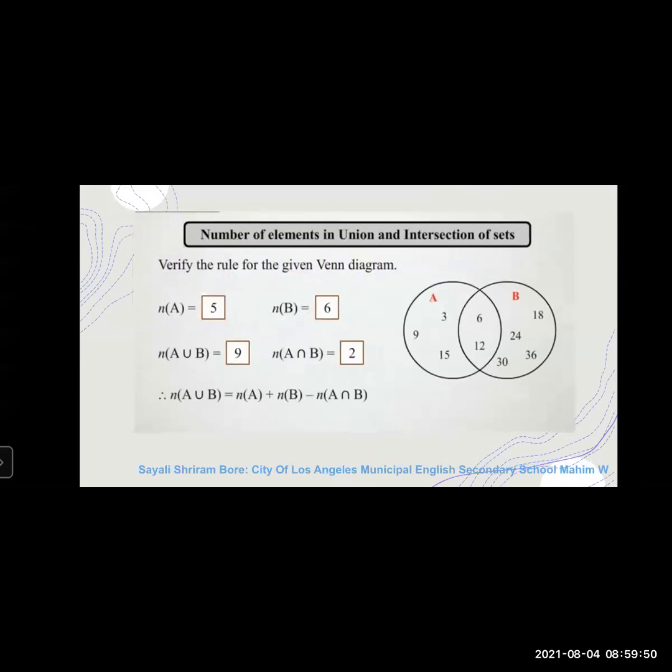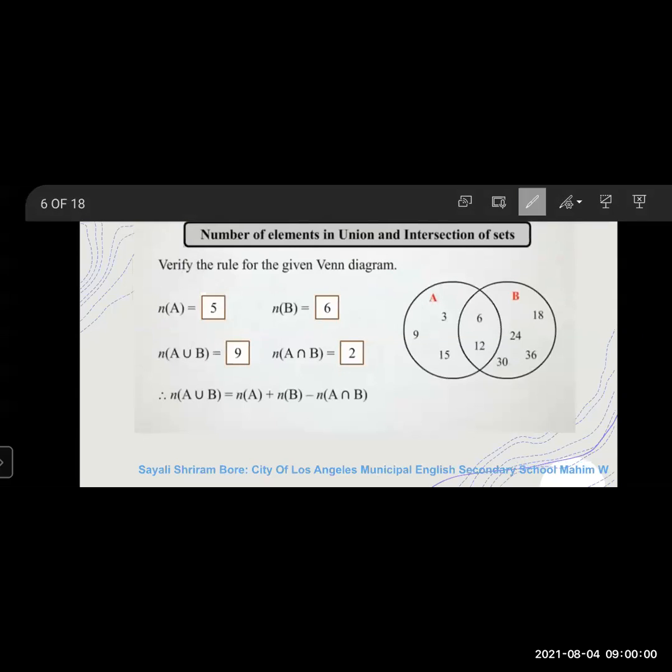Now, number of elements in union and intersection of the sets. Here you can see the heading, number of elements in union and intersection.